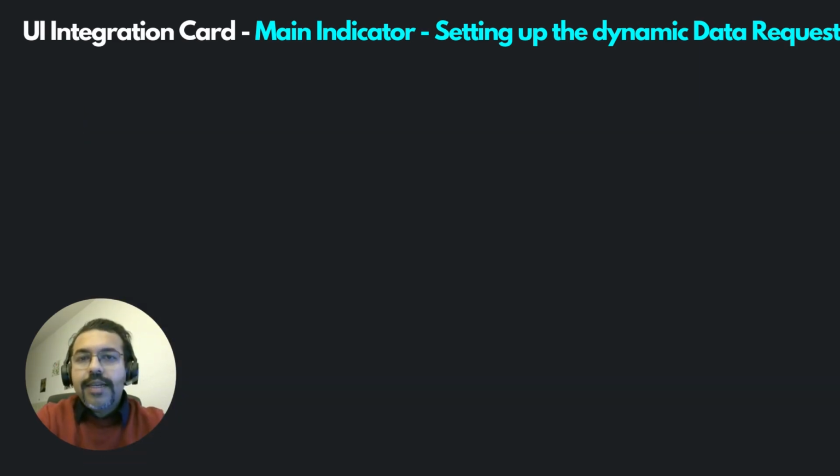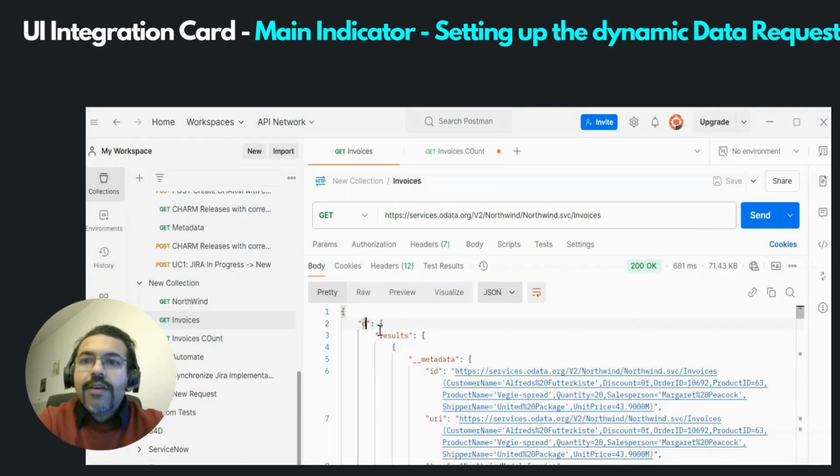Now let's think a little bit about the path of the results for this particular count URL. When we were calling the invoice services to retrieve the data for the list items, in the OData response there was a JSON attribute called d, and then within d, we had something called results.